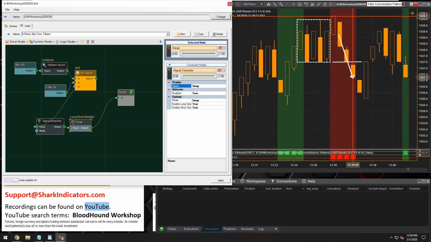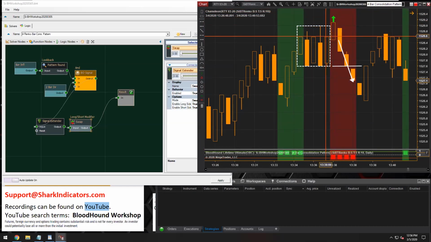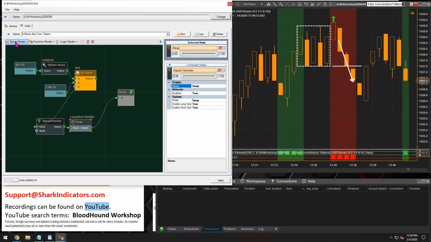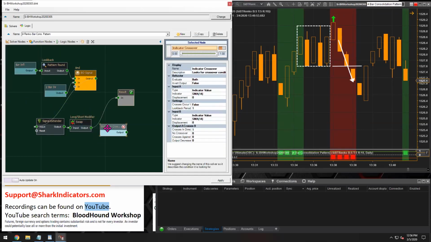So we took this long breakout signal and then reversed it or swapped it to a short, and then you would be looking for a short crossover. Yeah, so then you would need a crossover solver.